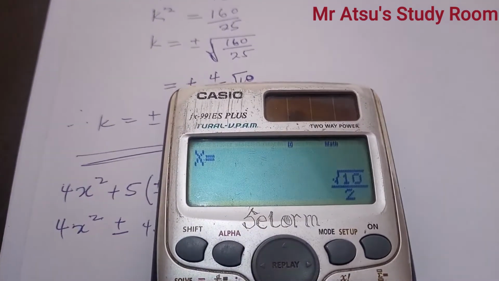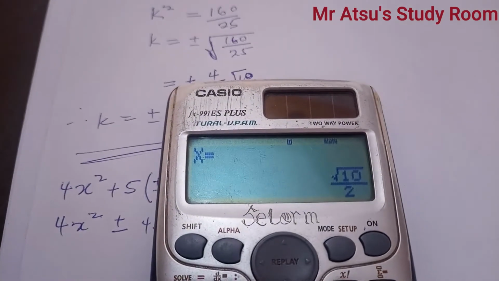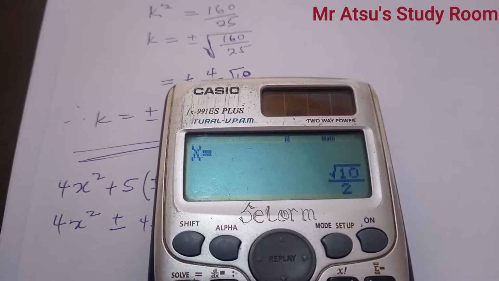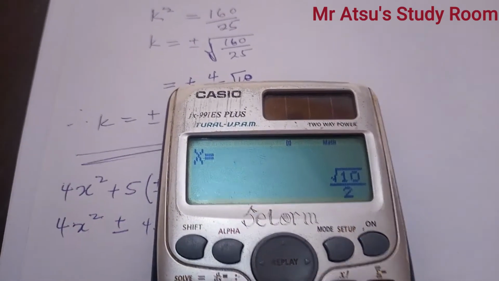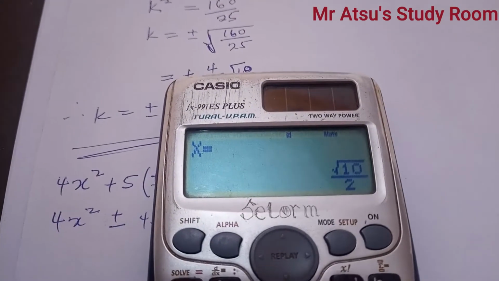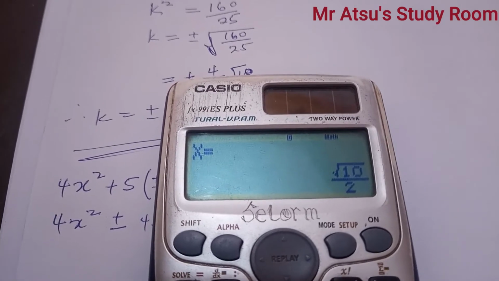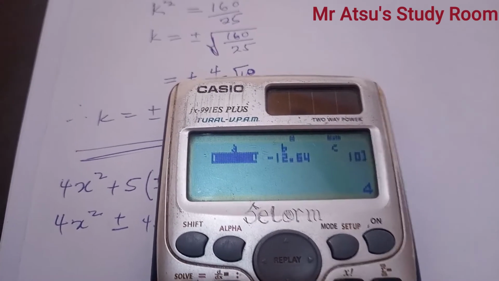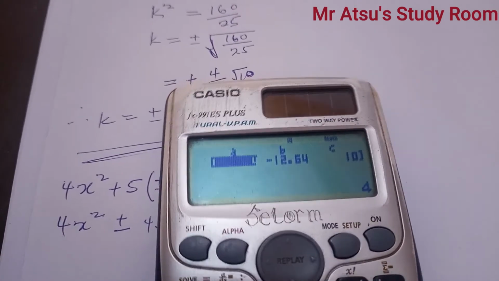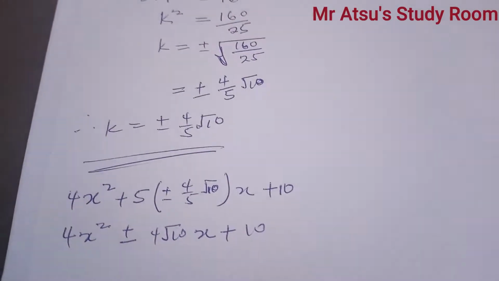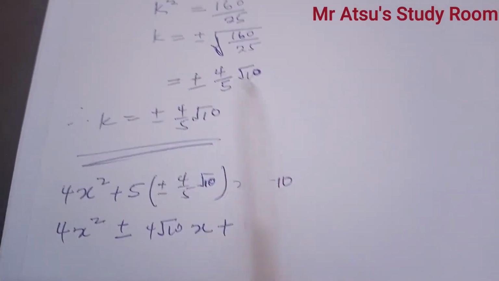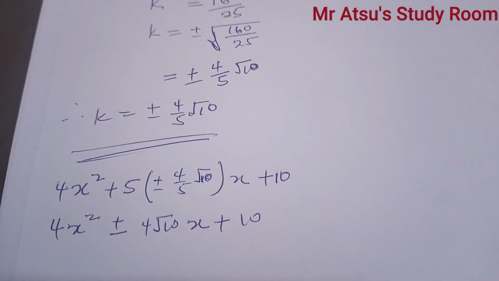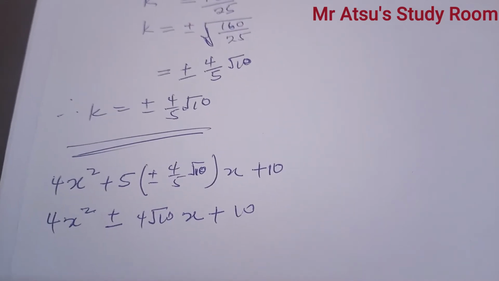So again, the fact that the x is only one answer, not x1, x2, means that it has repeated roots. Then we can conclude that this answer is correct. This is the answer for k. Thank you. Let's go on to the next question.